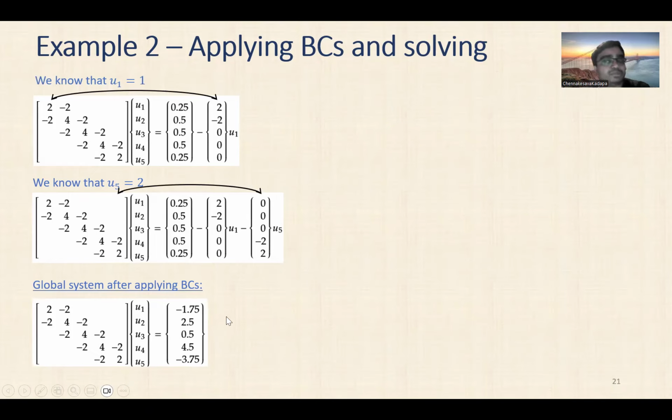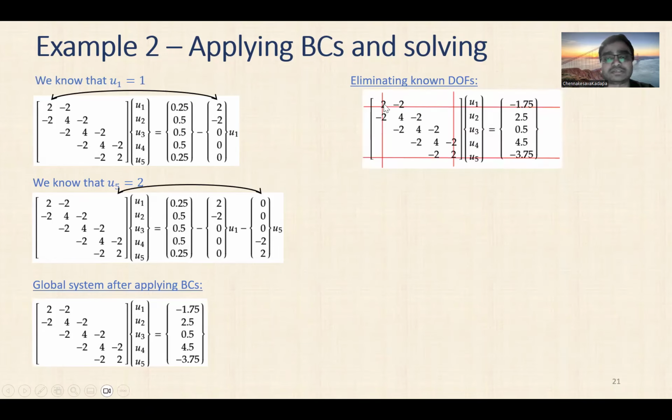This is the same principle as what we do in the case of other methods as well. After applying the boundary conditions, we can eliminate the known degrees of freedom by removing the corresponding rows and columns, and we end up with the reduced matrix in terms of u2, u3, u4, which are the unknowns.